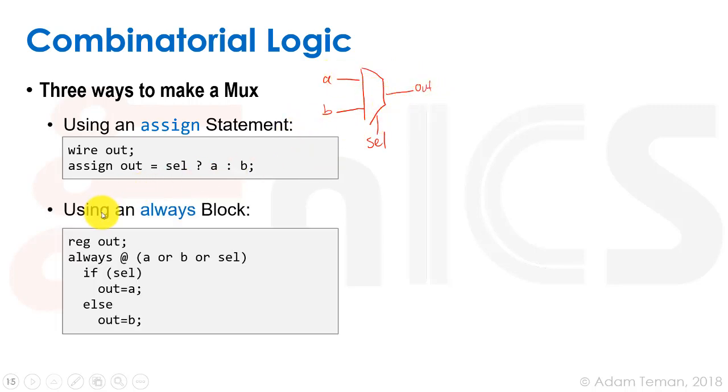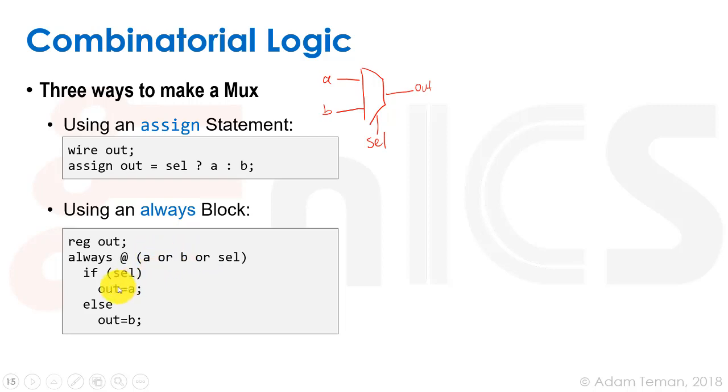Okay. We can do it using an always block. And again, this is going to be the exact same thing. It's going to infer this same multiplexer. Here we actually describe the output as a reg. You can kind of get the idea that assigns output wires. On the other hand, regs are used to output always blocks. So here we have always @, and we have in the sensitivity list A or B or sel.